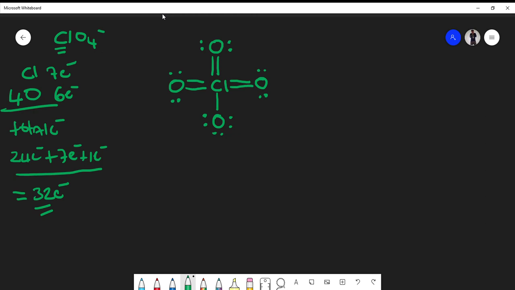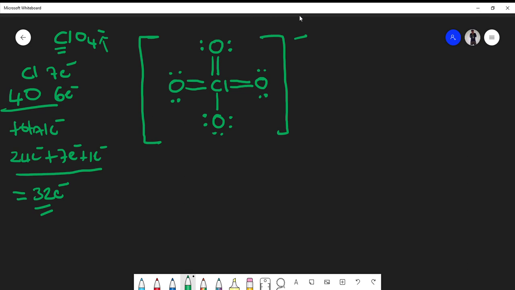Now, the formal charge. We have a negative overall charge, and this is actually coming from this oxygen. To complete our ion, we always put it in brackets and add our charge at the top.